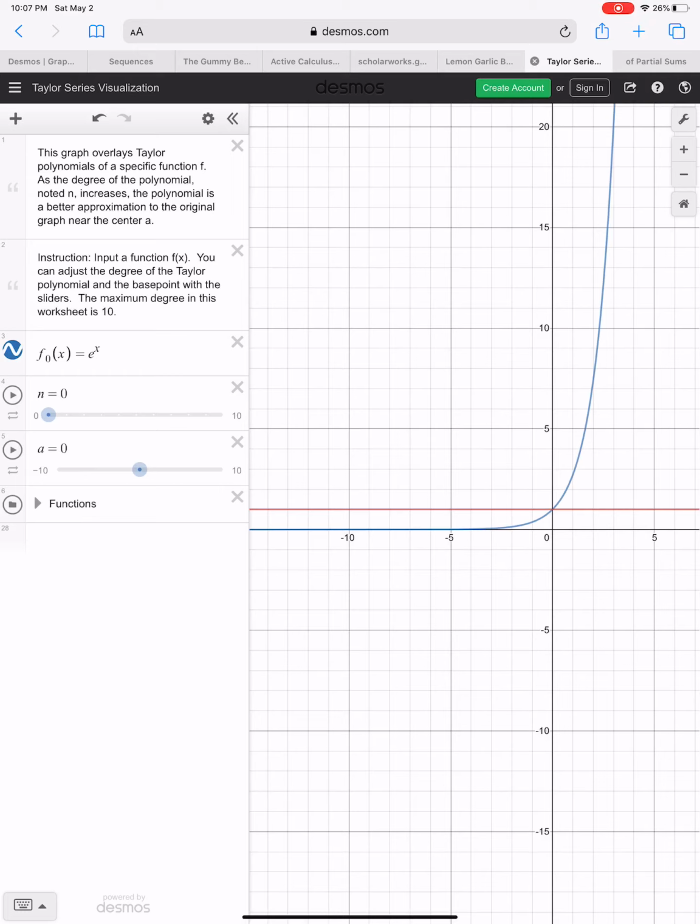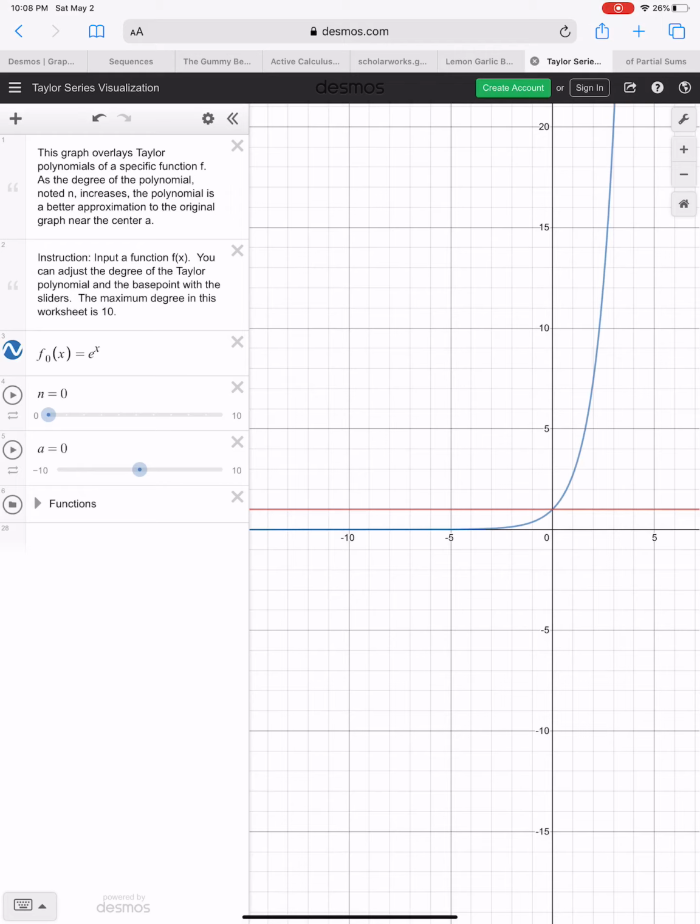But the red function is the best degree n approximation of the blue function. And so n equals 0, a degree 0 polynomial, is just a constant function, so a horizontal line.